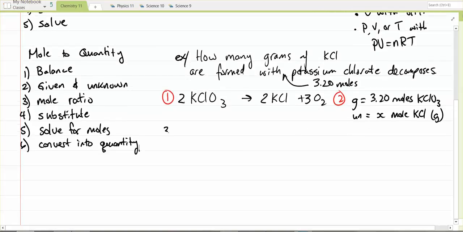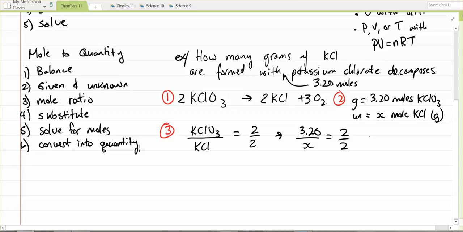So since we're given something in moles, we can go right into the mole ratio. So our given KClO3 divided by our unknown KCl equals 2/2. It's a nice ratio. And that means we have 3.20 over X equals 2/2. And therefore X is 3.20 moles of KCl.